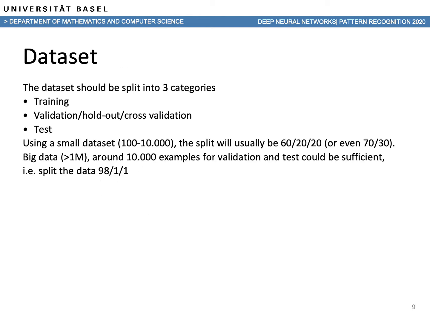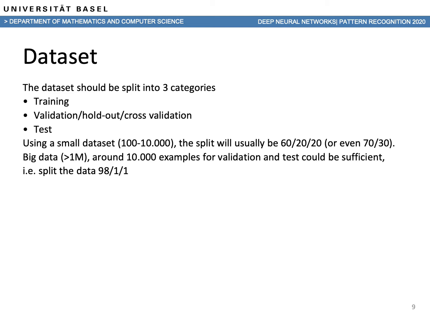Looking at the dataset, we would often split the dataset in 3 different categories. First a training set, then a validation set, and finally a test set. Traditionally, when using a smaller dataset, maybe between 100 and 10,000 items, a split would quite often be 60-20-20 or even 70-30 in case you are not having a holdout test set to be tested on afterward.